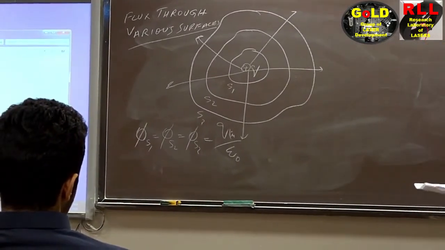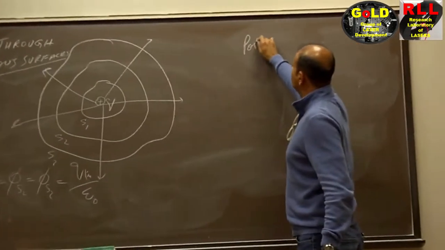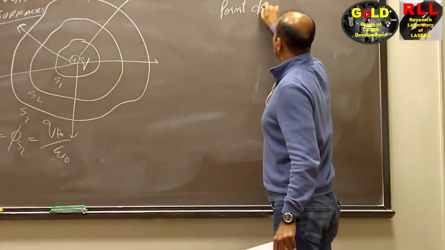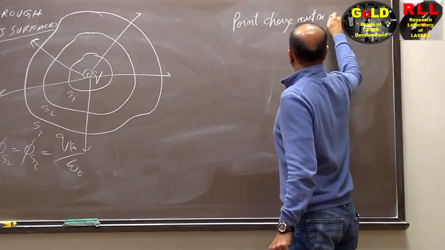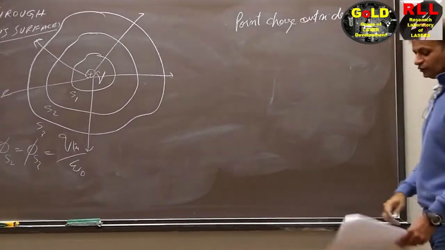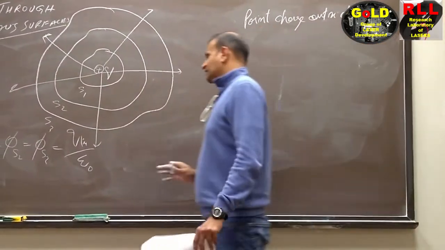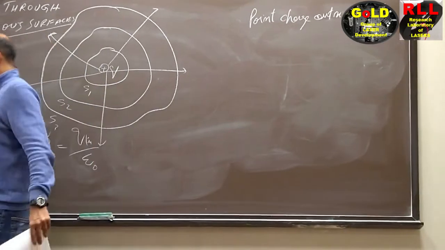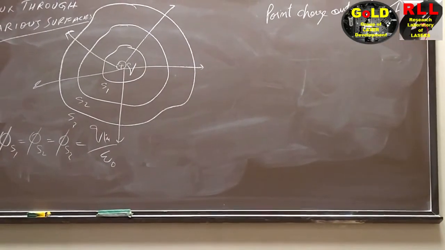After that, another possibility: if there is a point charge outside of a surface. One thing I didn't mention actually: we are discussing closed surfaces here. A sphere is a closed surface.